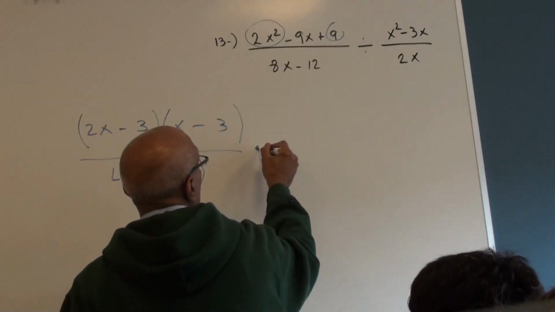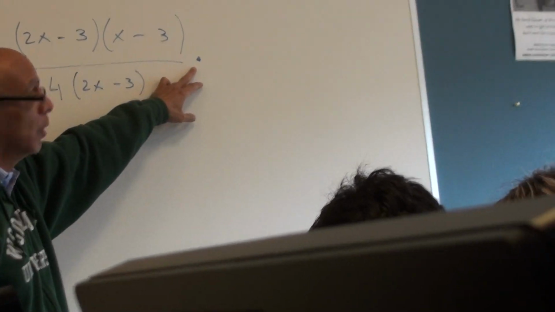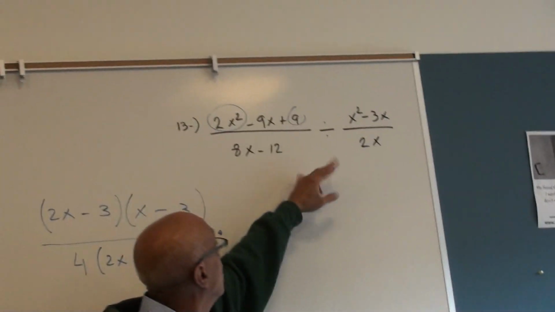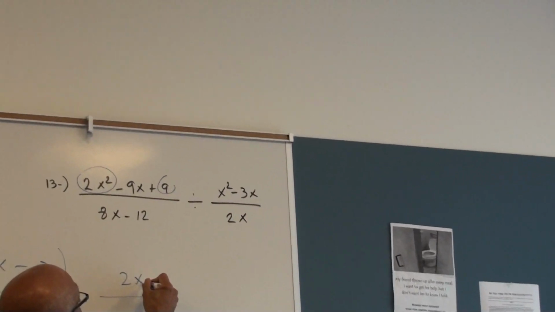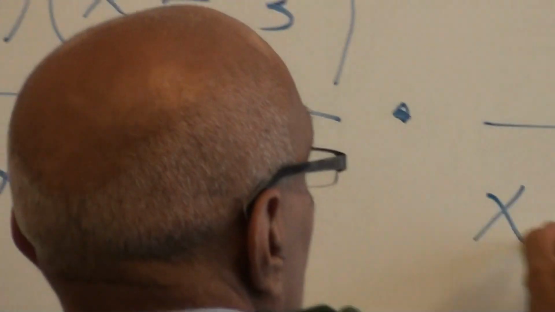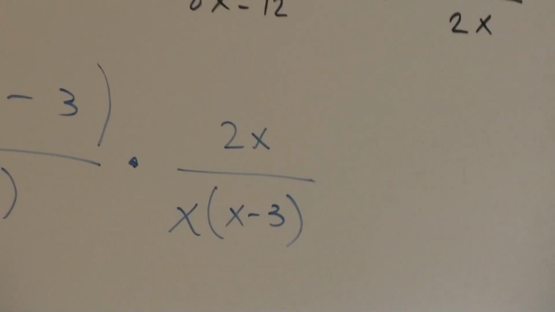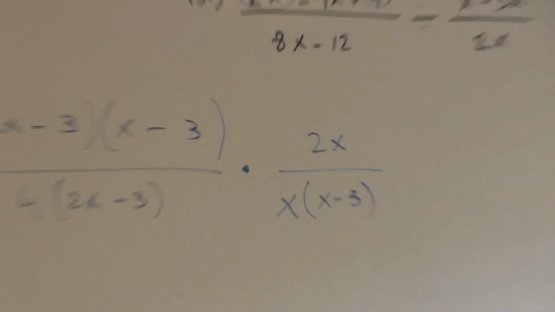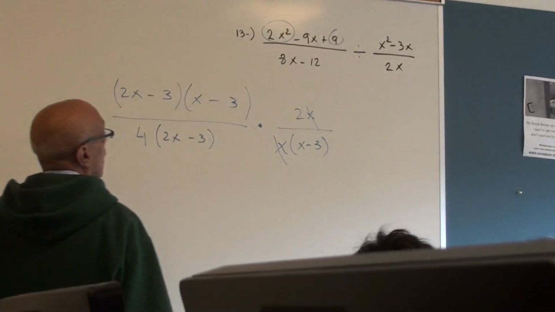Now here, I need to convert this, remember, division between fractions, into multiplication, and I flip this guy, so I'm going to do 2x on the numerator now, and I can factor x out, x minus 3. What can I simplify here? First, I can simplify this x with this x, all right?